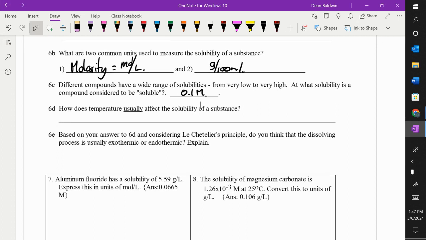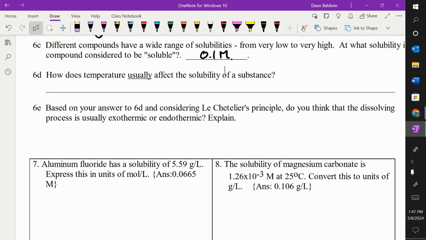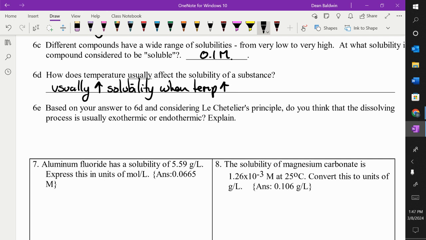Next question. How does temperature usually affect the solubility? Does it increase or decrease it? It usually increases. There you go.